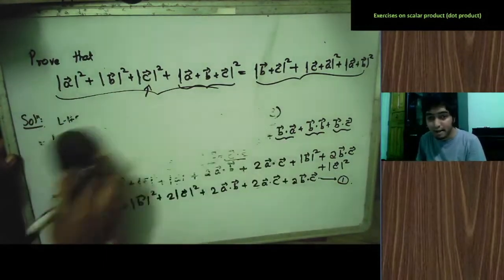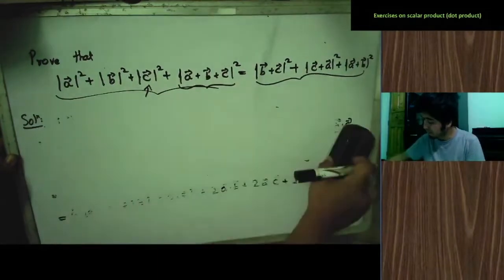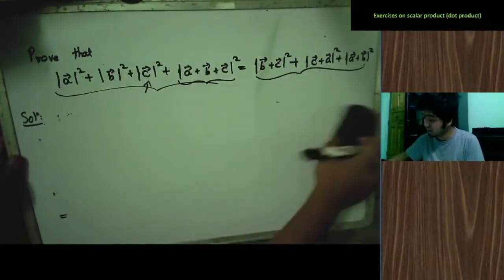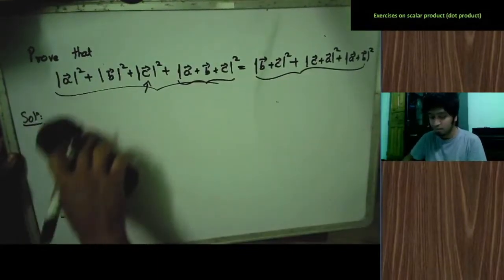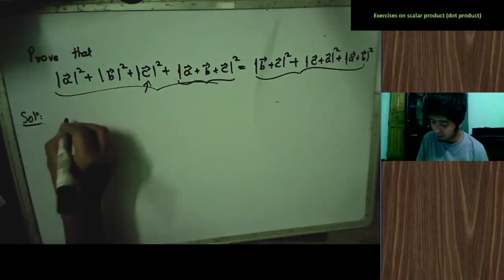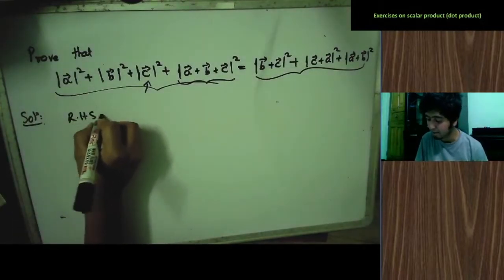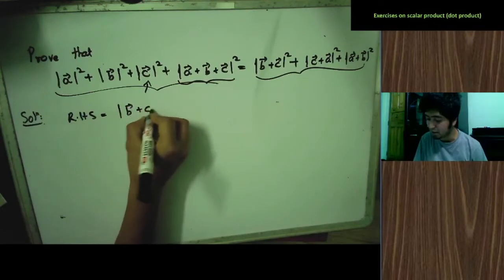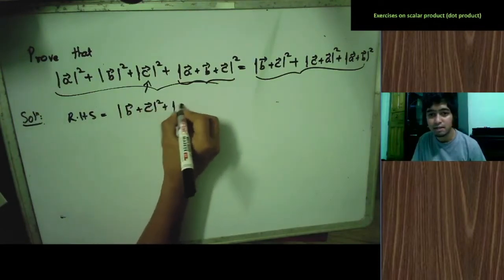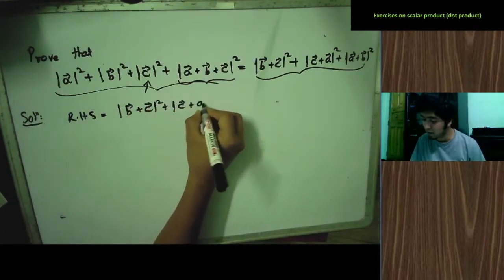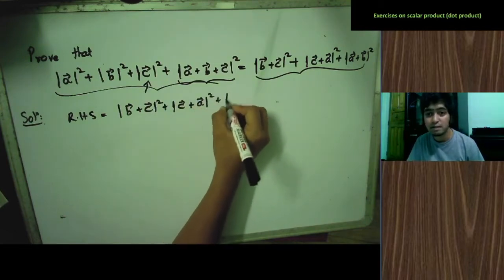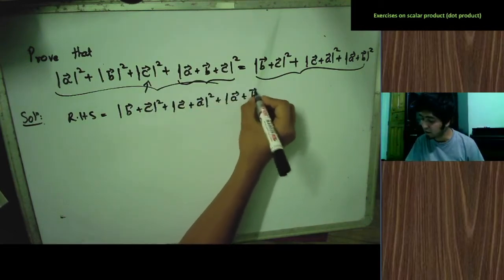I will see whether I get the same thing or not. Now we proceed from the right hand side. Right hand side is b plus c holding square plus c plus a holding square plus magnitude of a plus b holding square.